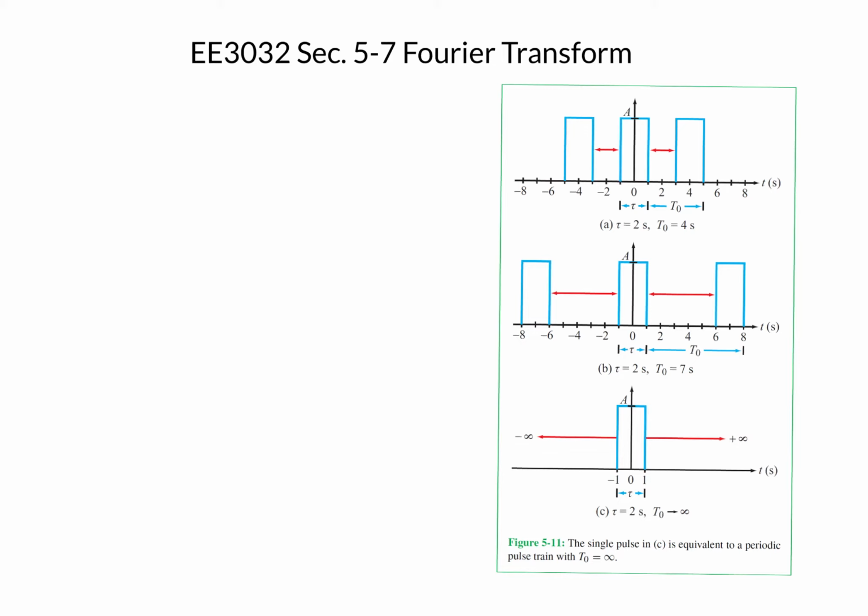In this section, we're going to introduce the Fourier transform, which derives from the Fourier series. Now, the Fourier series that we've been looking at is for periodic functions. So if you have a periodic function, you use the Fourier series.